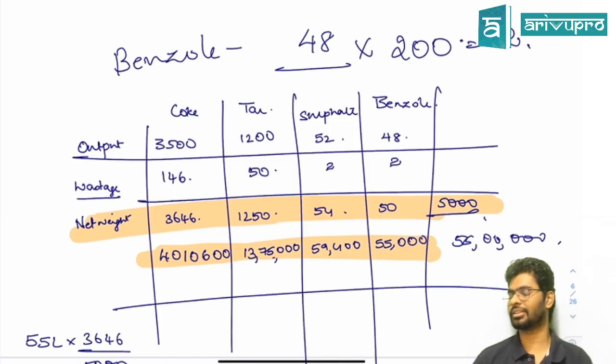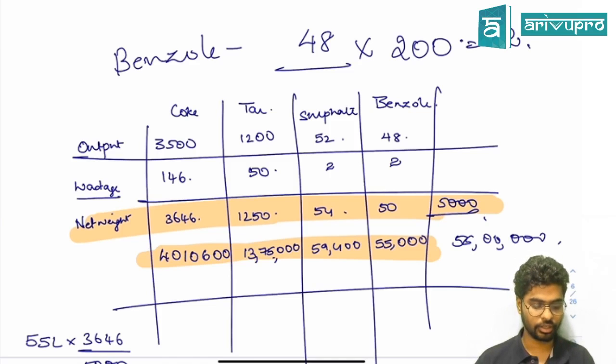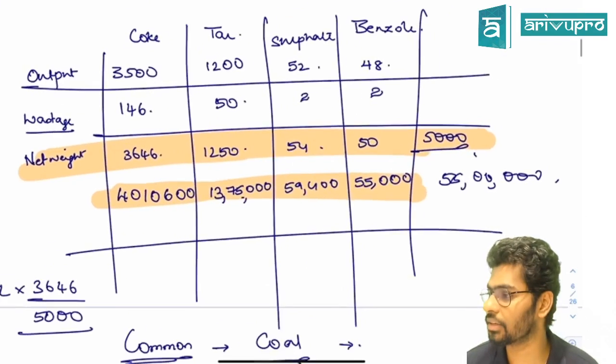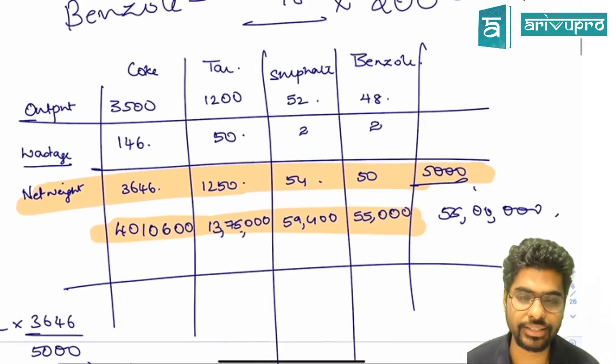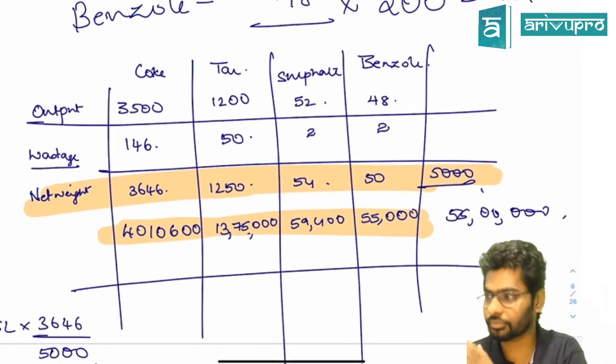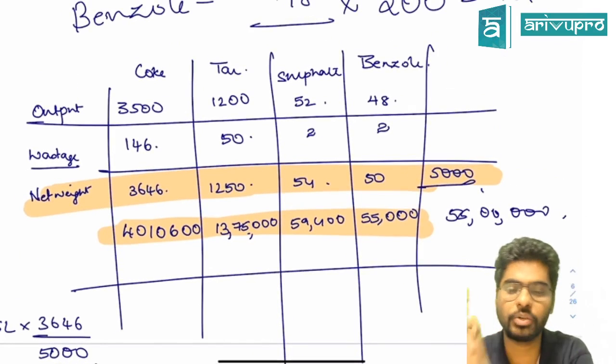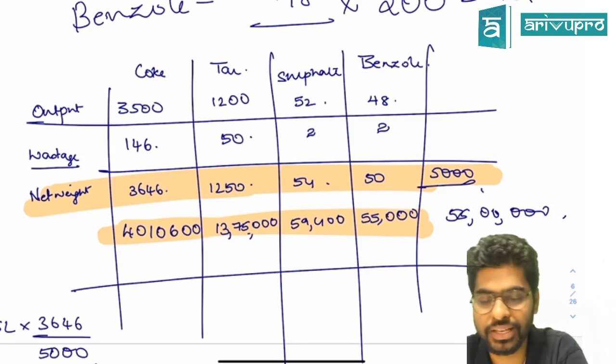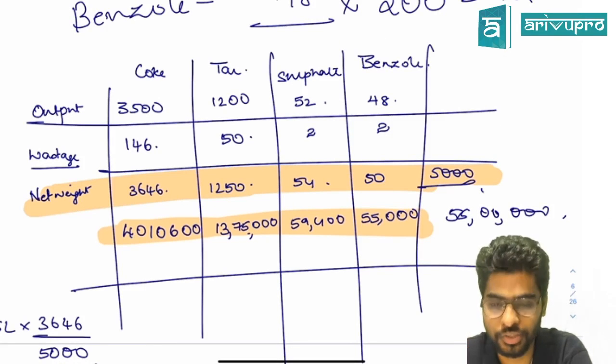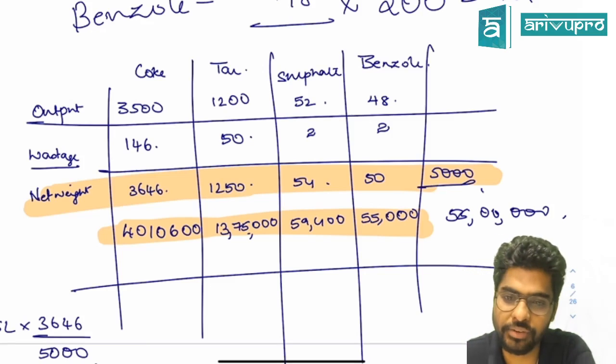Basically I am taking the complete units and trying to divide the cost on that ratio. Under the first one, you need to remember this: if they say based on the physical units, you take the total cost incurred in process 1, and based on the output you divide it.